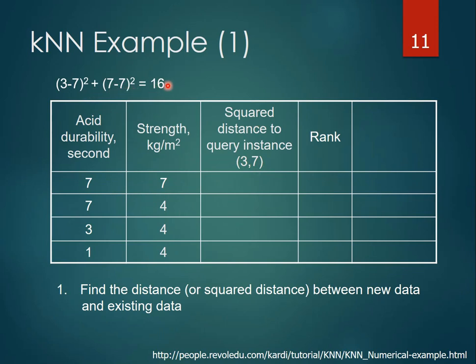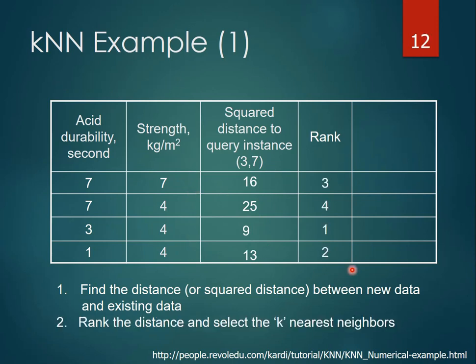This is the squared distance. You can always square root this value, but I'm not going to. I'm going to use this squared distance. So we have 16, 25, 9, and 13. These are the distances between the new point to the existing data points.